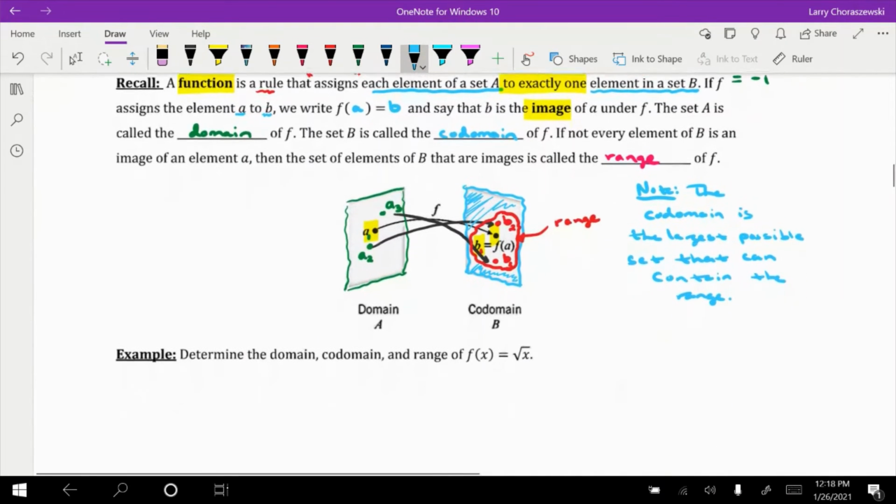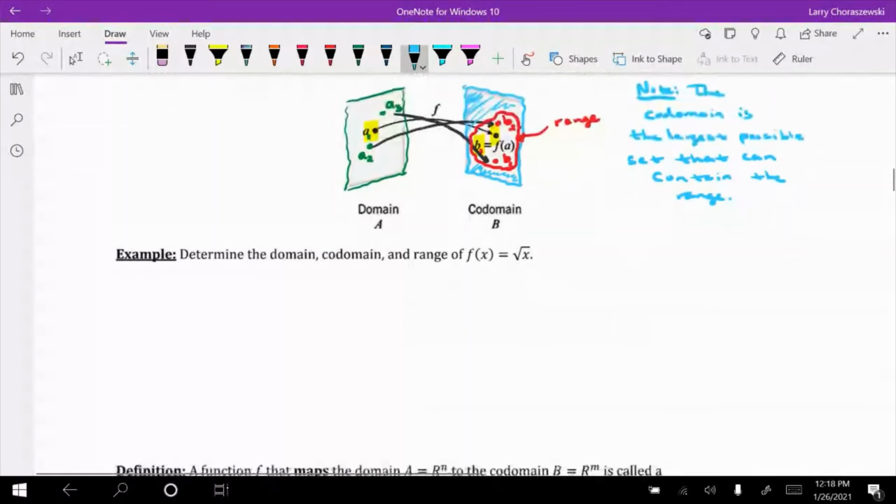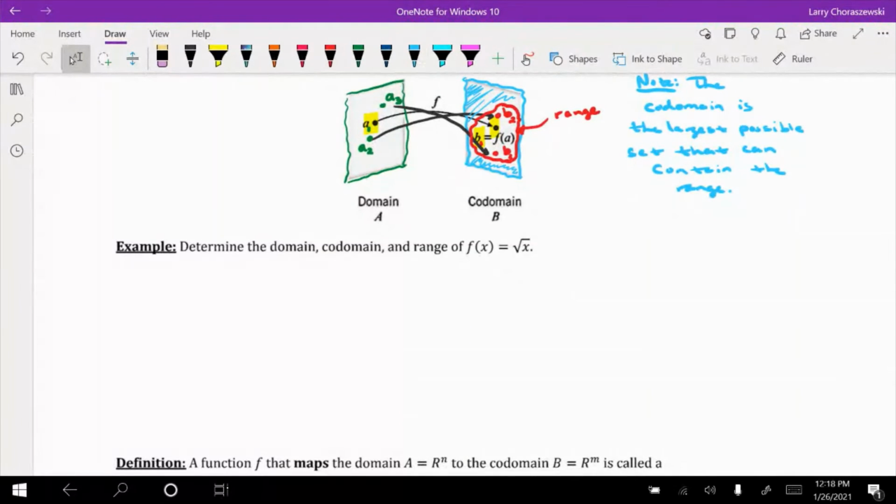All right, so if that's still kind of foggy for you, let's look at an example where we're dealing with a familiar function, f of x equals the square root of x. We're going to determine the domain, the codomain, and the range of this function, not necessarily in that order.